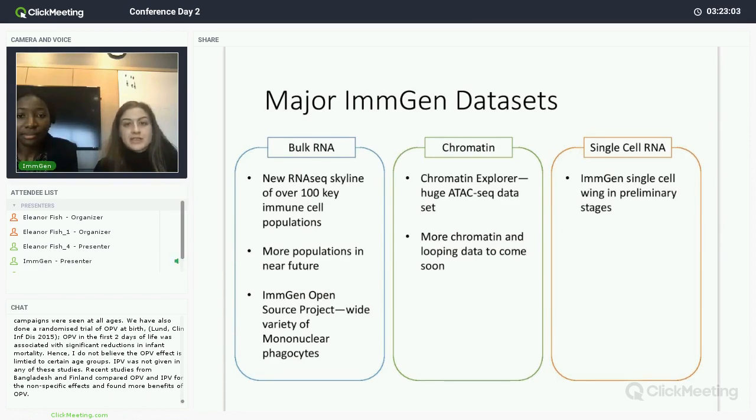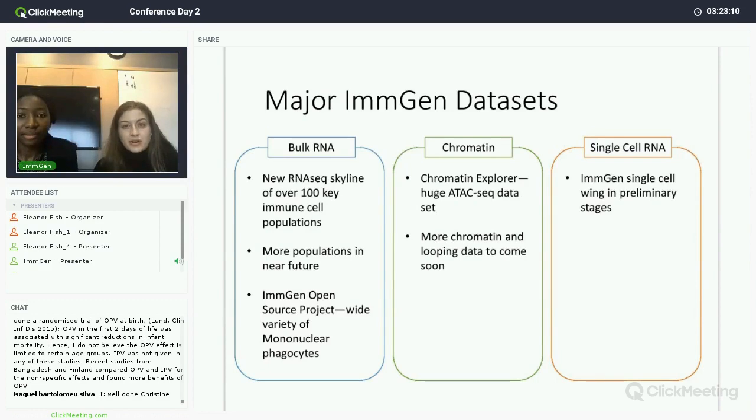So that data set was generated by over 18 different labs at institutions across the globe. We have collected this data and are processing it for release in the very near future. So if you're interested in monocytes, macrophages, dendritic cells, or microglia, this data set will probably be very valuable for your own projects, and we hope you check it out soon.